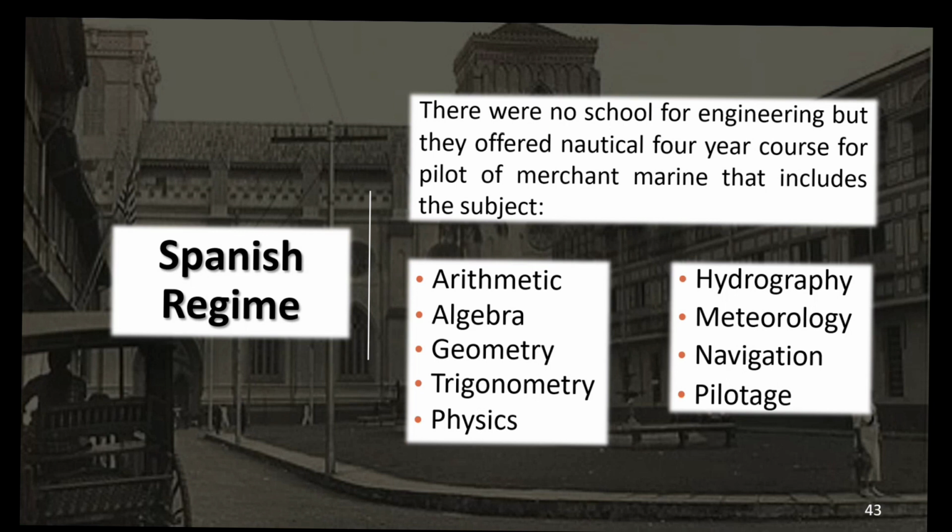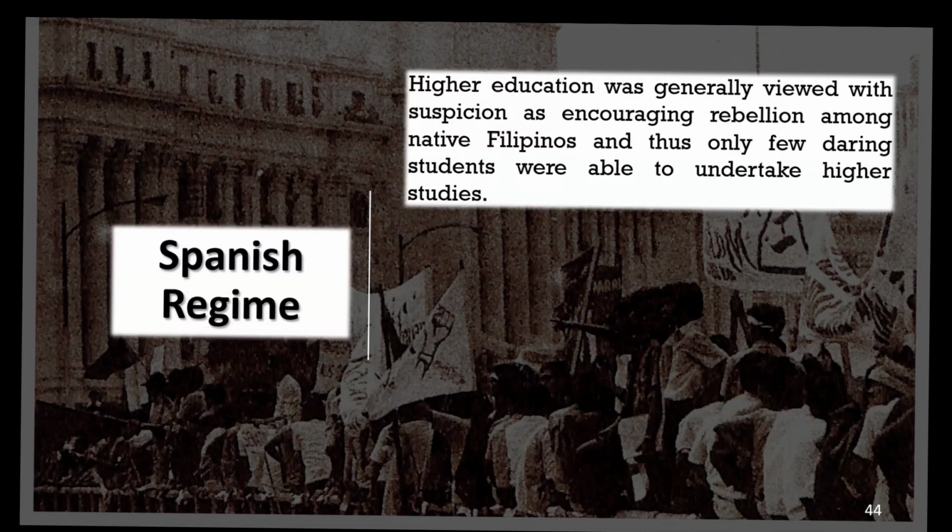And to continue, higher education was generally viewed with suspicion as encouraging rebellion among native Filipinos. During the Spanish regime, if a Filipino would like to study college, he would somehow be considered a rebel.